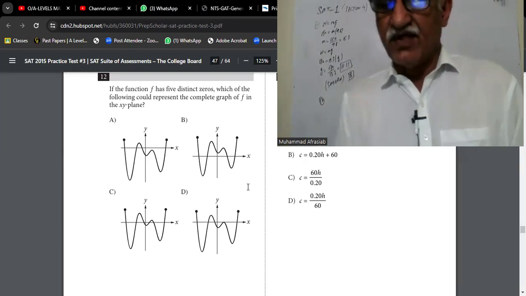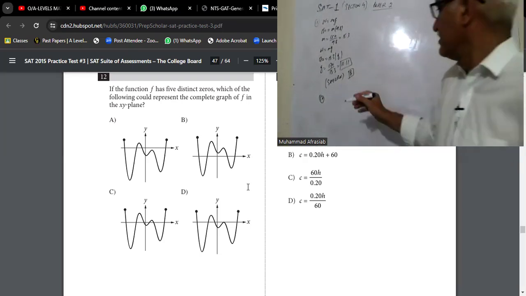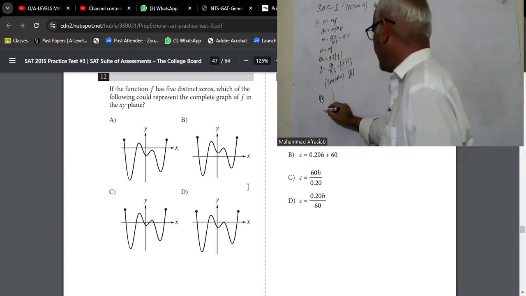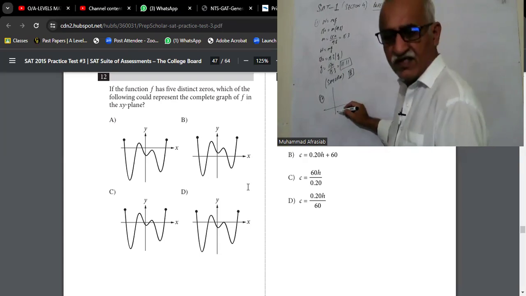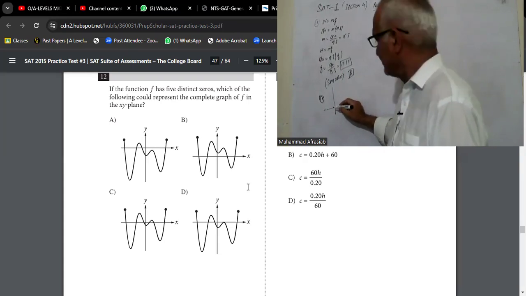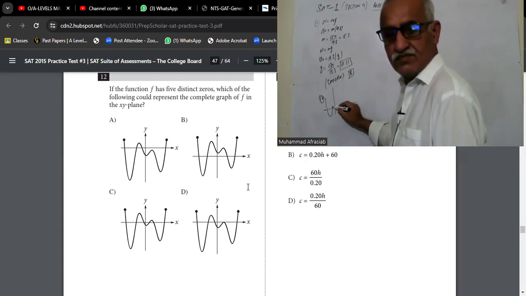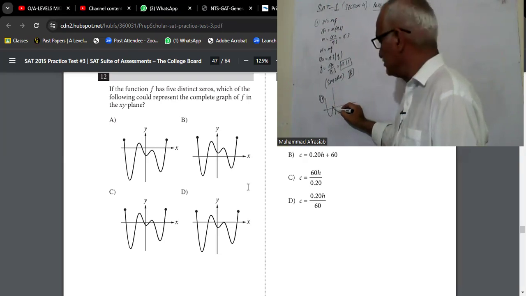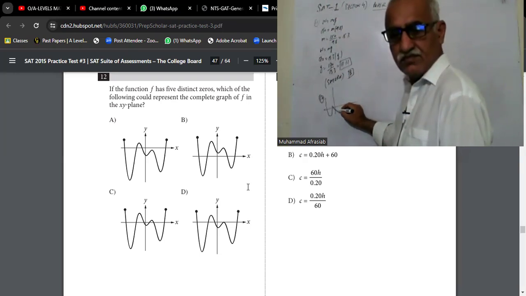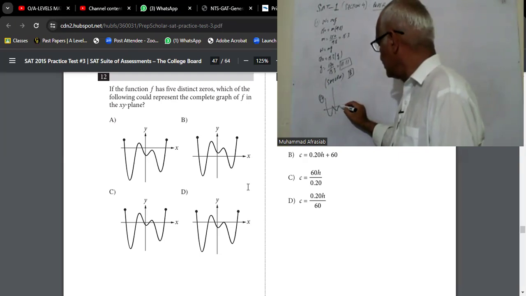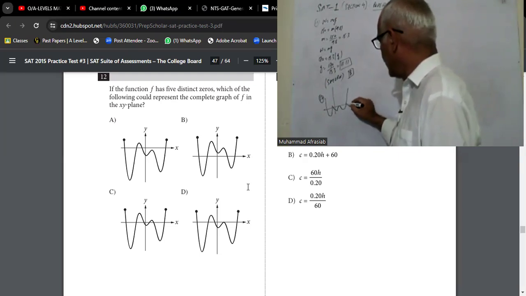One is a repeated root at this position, but they are asking for 5 different points. So we will count it only once.